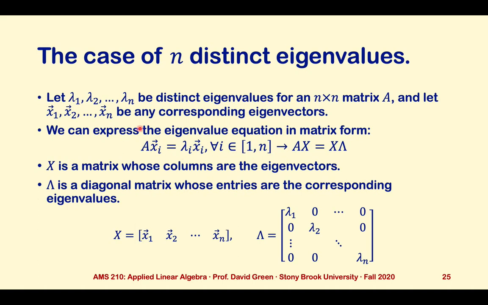And we can express this general rule in a matrix form, where we combine all of the xi's into a matrix whose columns are those eigenvectors, and express the left-hand side as A times the matrix X. And we can combine all of the eigenvalues into a diagonal matrix, a matrix that only has non-zero entries on the diagonal, and the diagonals are those eigenvalues, making sure that the order is the same, x1, x2 to xn, lambda 1, lambda 2, and so on to lambda n.